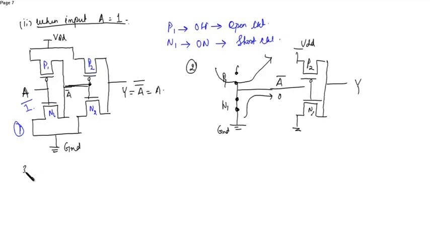So in the third state, what will happen? When 0 is applied, P2 will turn on, that is, gets short circuited.